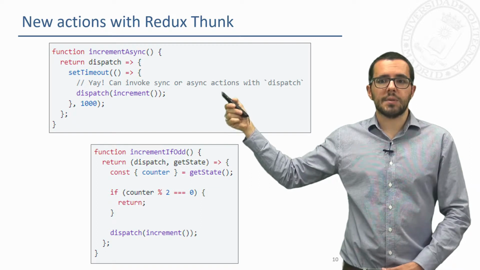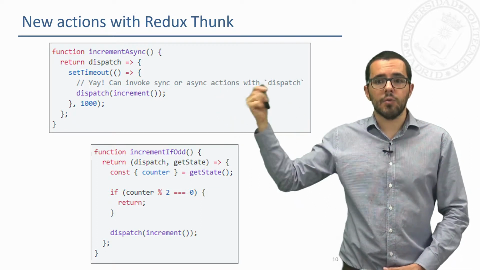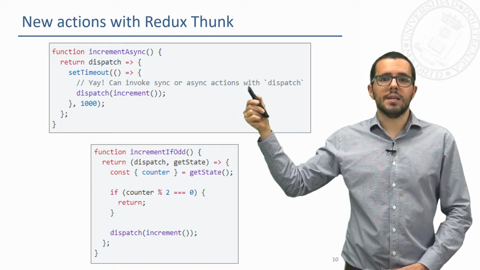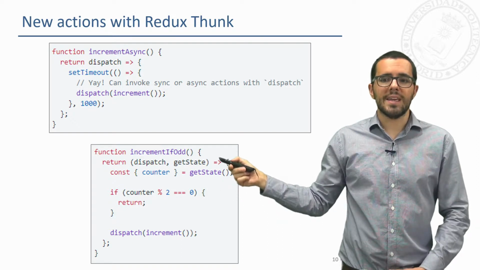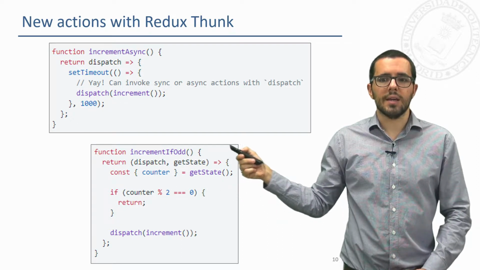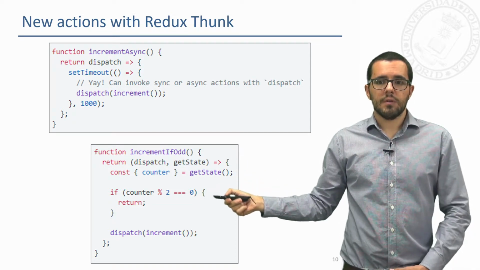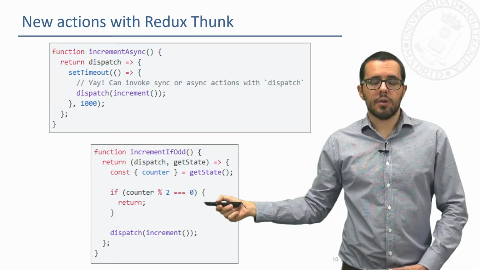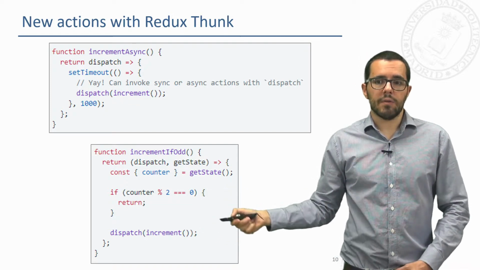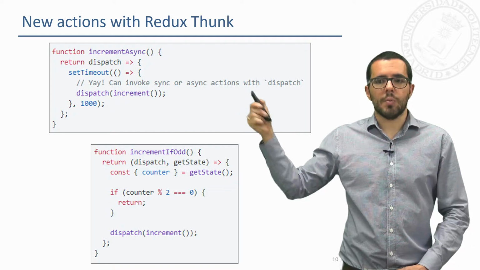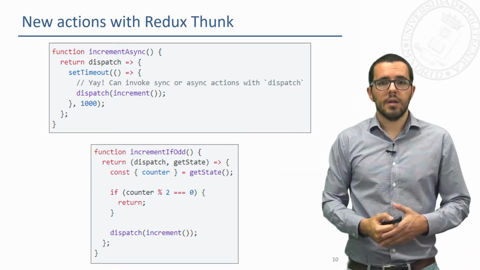So this is not a plain JavaScript object, but a function that, in 1 second, will dispatch another action. And this other example is another action that will increment if odd. So if the counter is even, return, and if it is odd, dispatch an increment. So we can perform a condition or do an async operation, thanks to having Redux Thunk integrated in our application.